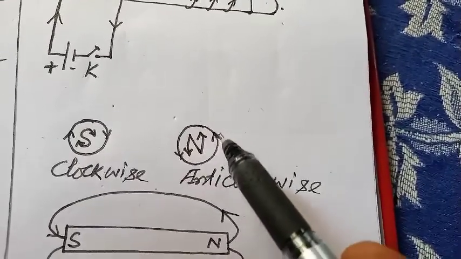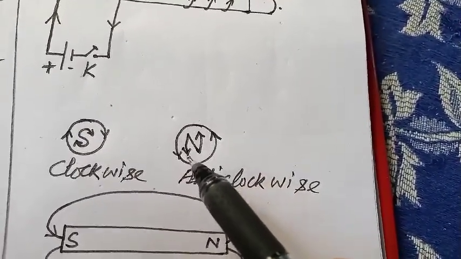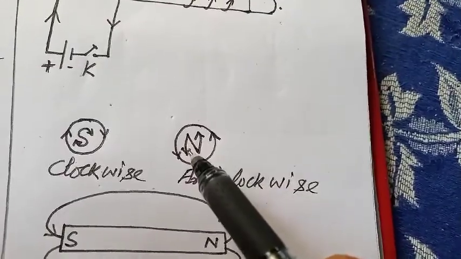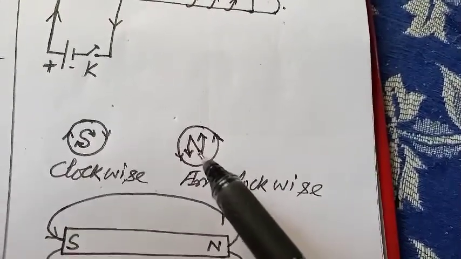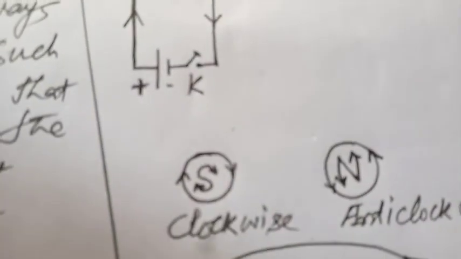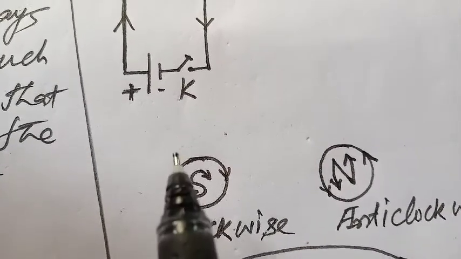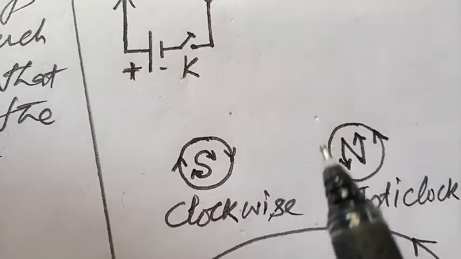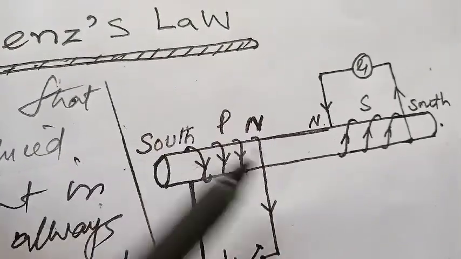So when the direction of current is anti-clockwise, the face becomes north. Clockwise gives south, and anti-clockwise gives north. See here from the left, this is clockwise, so this face will become south, and the other will naturally become north.